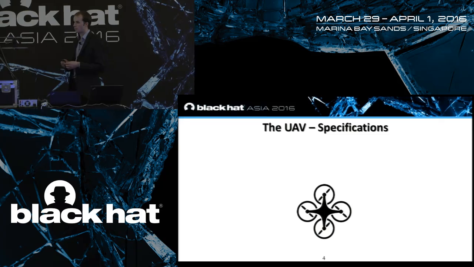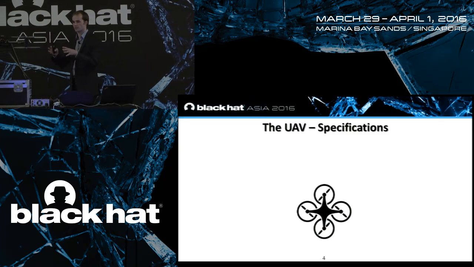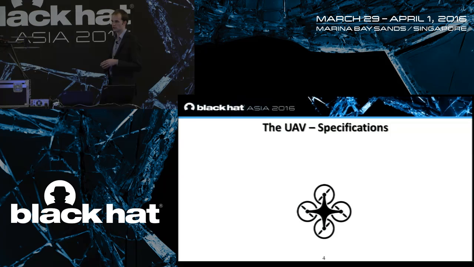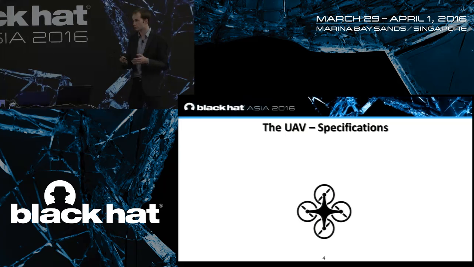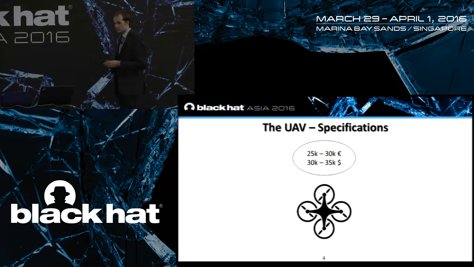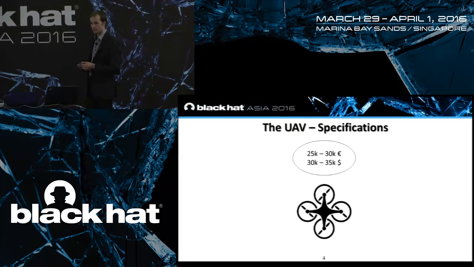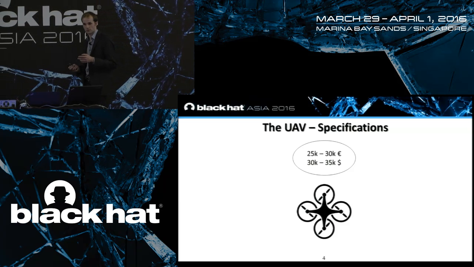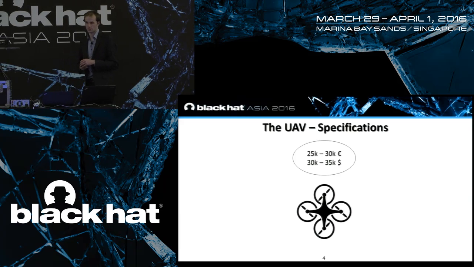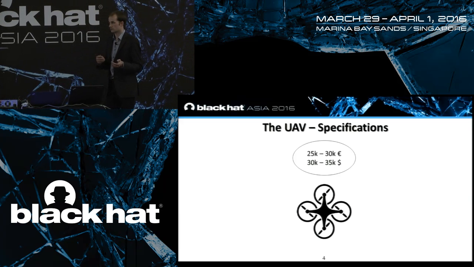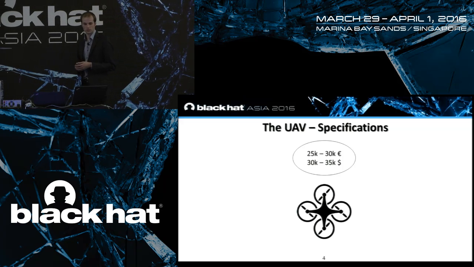What actually differentiates a professional UAV from a normal consumer UAV you could buy at Tesco or Media Markt or any supermarket? It's way more expensive. That's the first thing. You pay around 25 to 30,000 euros for it, which roughly is $30,000 to $35,000 US dollars, so it's a little bit more in Singaporean dollars.